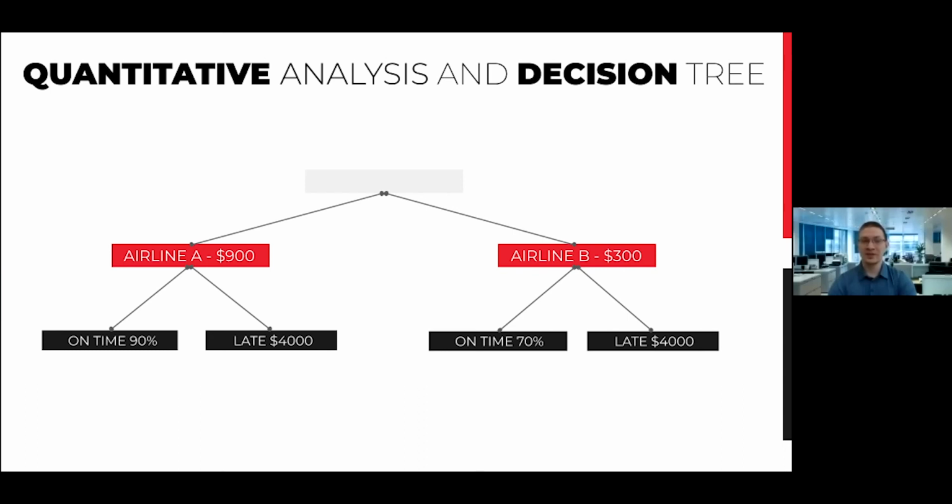So the monetary expectation for the baseline is $300 plus $1,200. In case of applying the mitigation strategy, the monetary expectation will be $900 plus $400. So, as you can see, in this case, applying the mitigation strategy is the right choice.